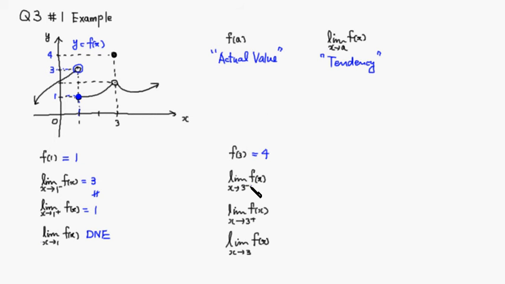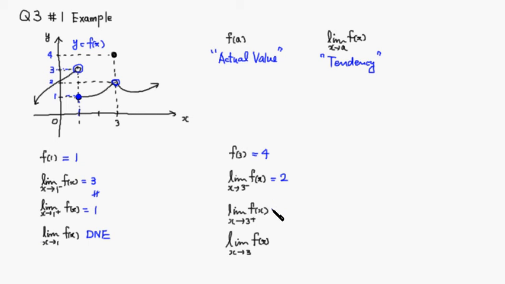When you look at the tendency of this function as x approaches 3 from the left, you can see that it's heading toward this point, which has a corresponding y value of 2. So the left-hand limit is 2.